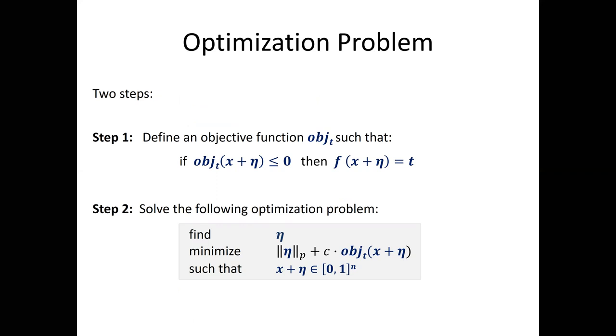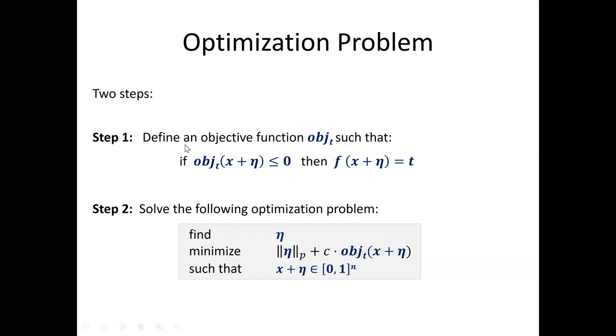So we're going to be doing two simplifications to that problem, right? One is dealing with this hard constraint, and the other one is dealing with the p norm of eta when we're dealing with L infinity, which is also hard to optimize.